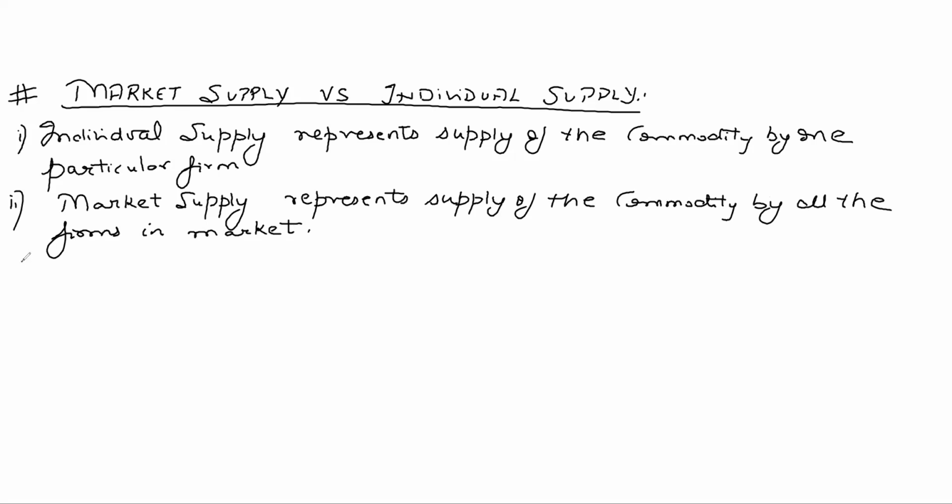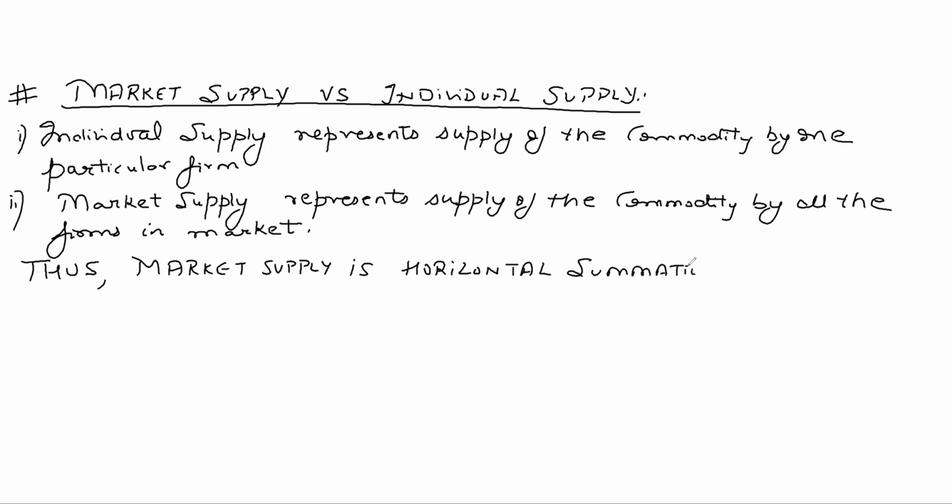So what we learn is, mathematically, market supply is the horizontal summation of the individual supply curves.